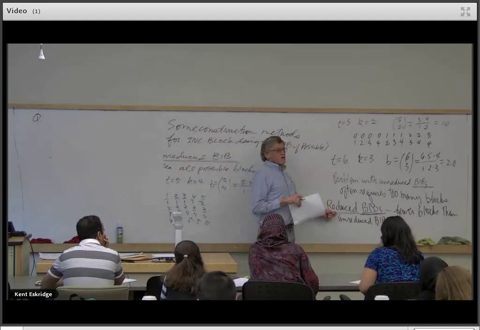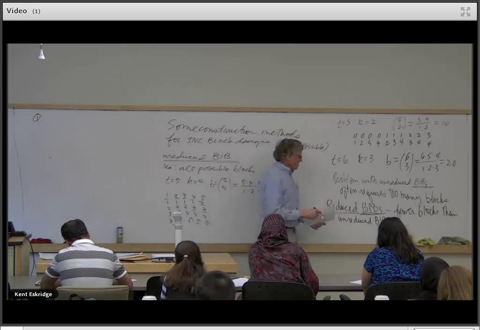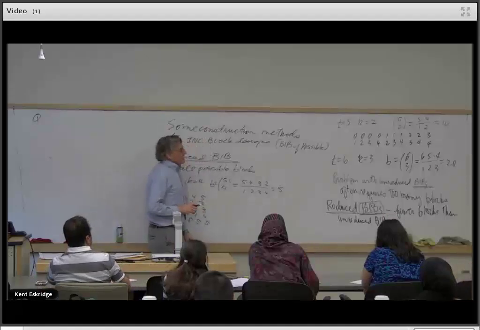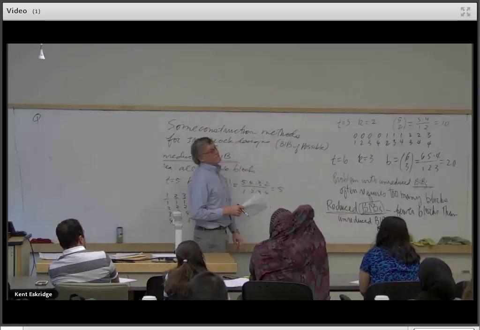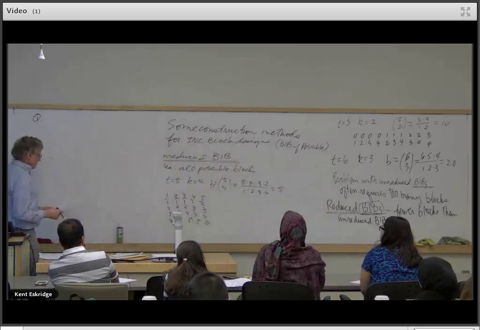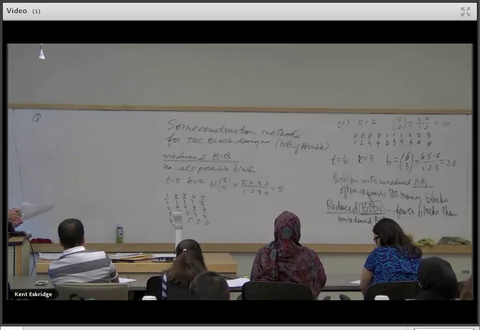You can get reduced BIDs, BIDs that have fewer blocks. But they're still BIDs, you see. But usually the problem is, even the reduced BIDs have too many blocks. And so what happens is you end up not being able to get a BID. So you have to use something else. And we'll talk about that. Okay, other questions?